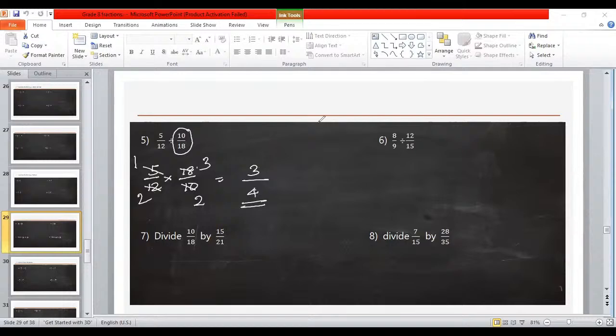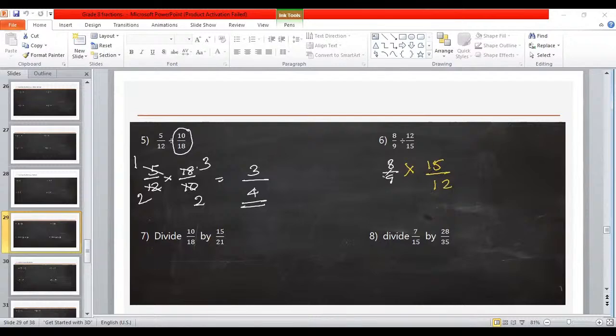Now look at this one. 8 over 9 divided by 12 over 15. Right? So you can write with the multiplication sign here. You can write the reciprocal of this with the multiplication sign. Multiply by 15 over 12. Now cancel.